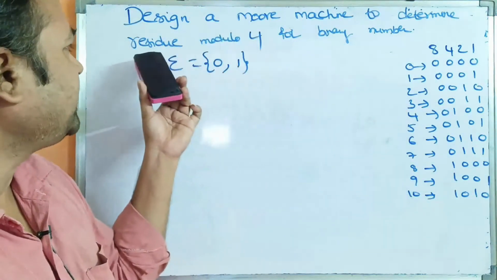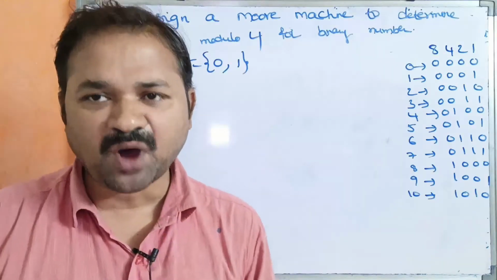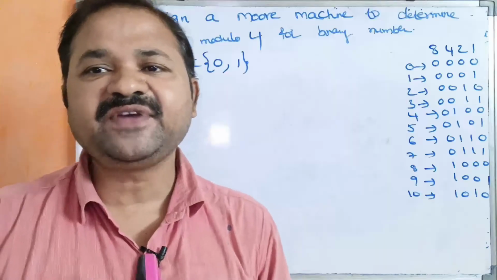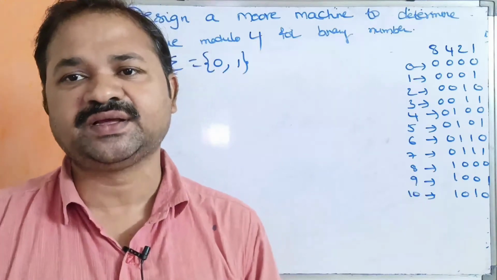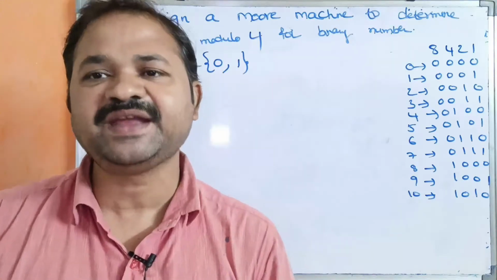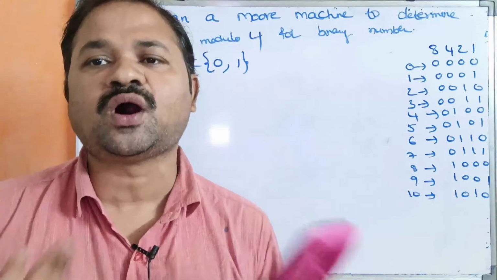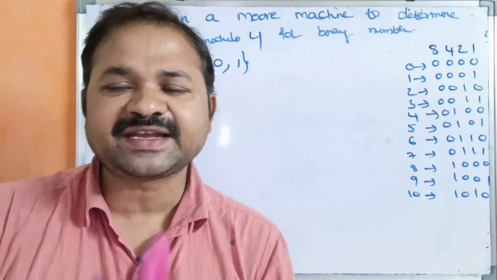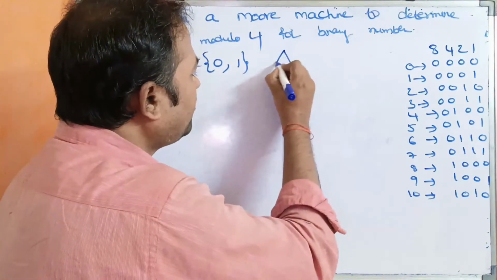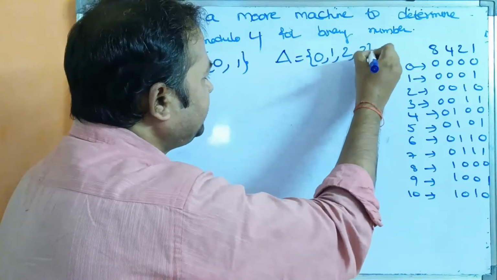And here our target is to perform residue modulo 4. So what is the modulo? If we divide any number by 4, the modulo, which means remainder, that we will get is 0 or 1 or 2 or 3. Maximum we will get these 4 digits only. So the output alphabet delta is equal to {0, 1, 2, 3}.